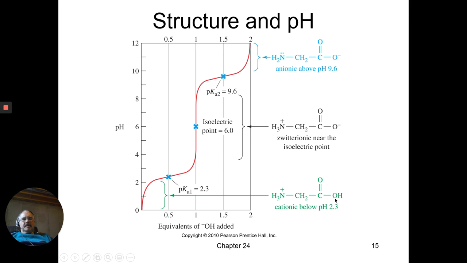That's the pKa for this carboxylic acid. Okay, and then we reach the isoelectric point where this is the dominant species. Okay, and then continuing the titration, we go through a second buffer region. Here, at the midpoint of this buffer region, pH equals pKa2. And then above that, this will be anionic, above 9.6.